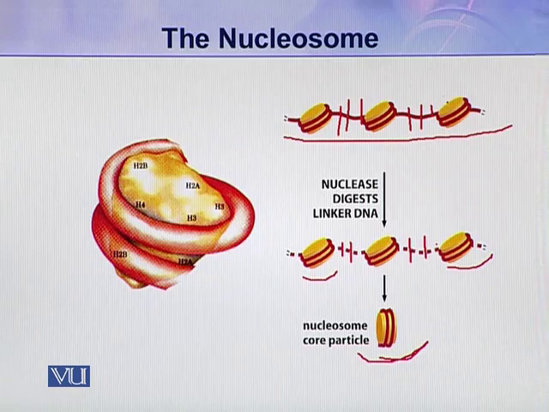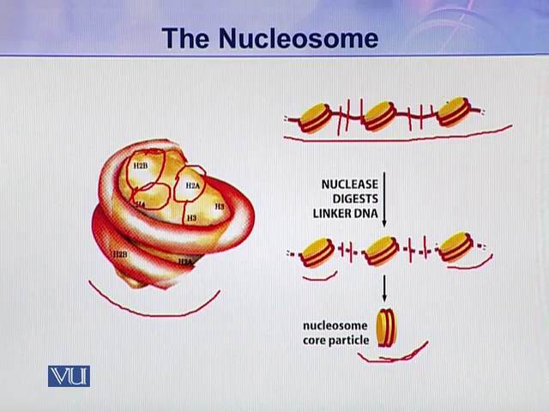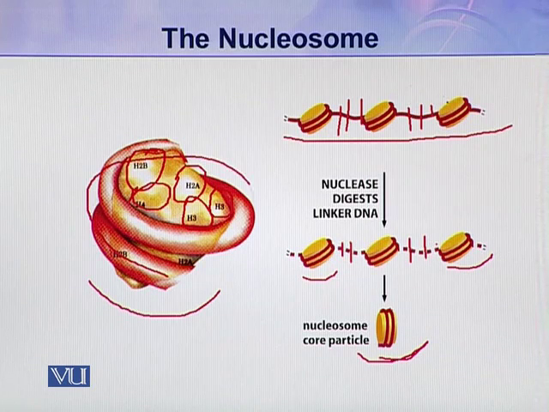Here you can see this is the nucleosome core particle, and in this particle there are 8 histone molecules, and around this octameric complex there are hardly two rounds of this DNA molecule. So this is the nucleosome core particle.